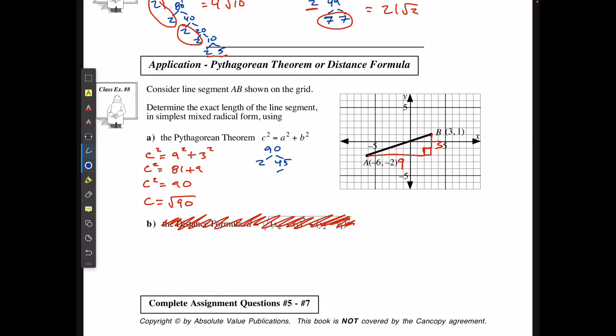Can't divide by 2 anymore, so I'm going to go to 3 and 15, and 3 and 5. And I have a pair of 3s, where one of the 3s can make it out, and then a 2 and 5 are left on the inside. So this would be the same as a 3 on the outside, and a 2 times 5 on the inside, or 3 root 10.